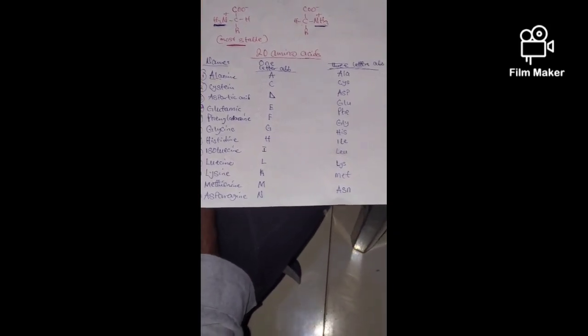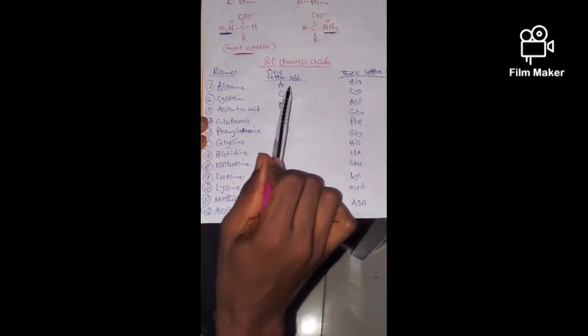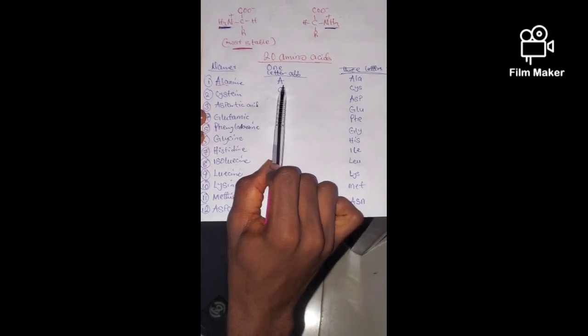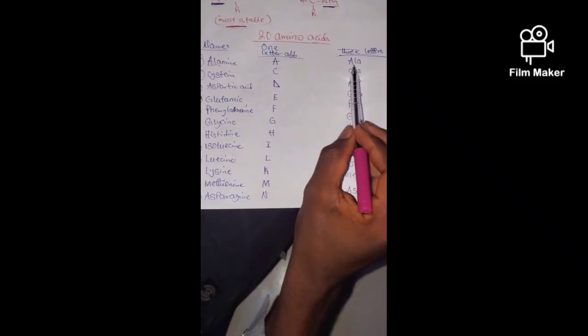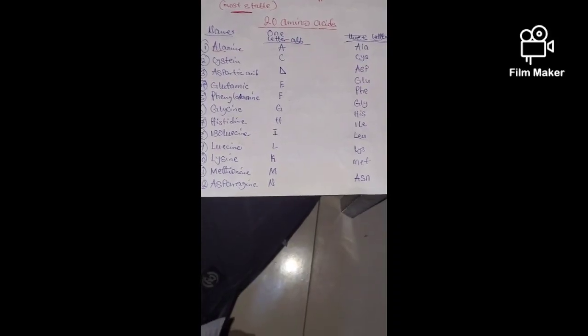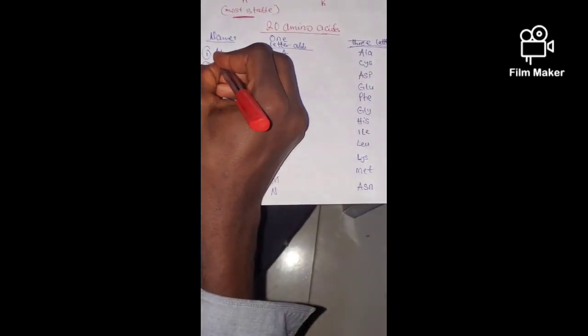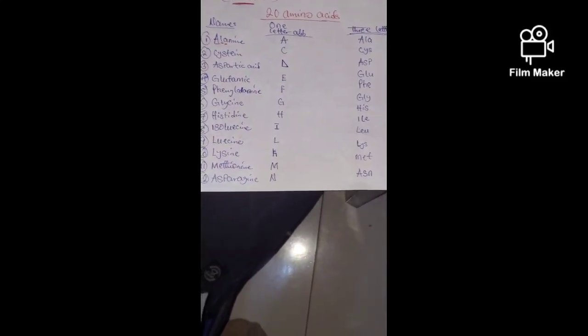We have alanine. The one-letter abbreviation for alanine is A, and the three-letter abbreviation is ALA. These are the first three letters that we can find. So we write them out.